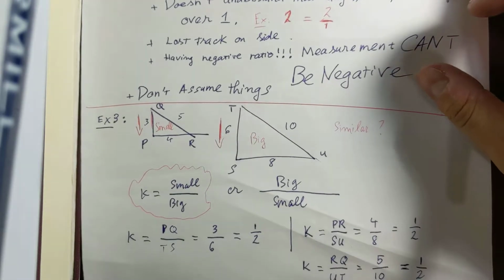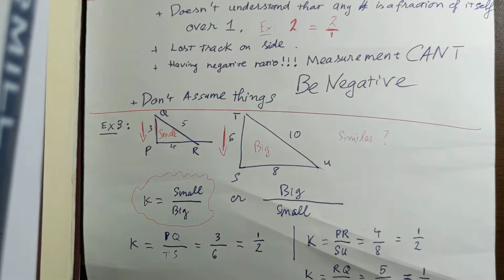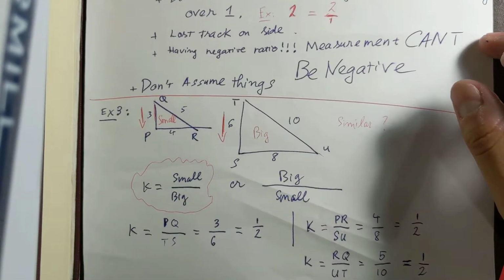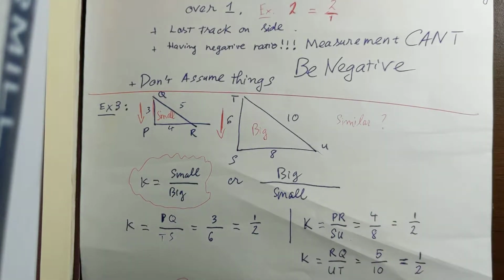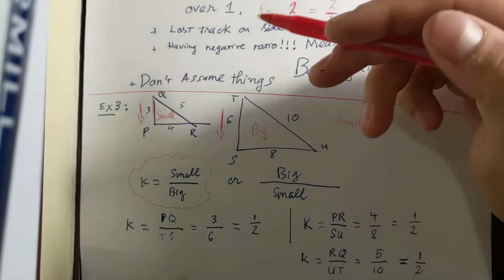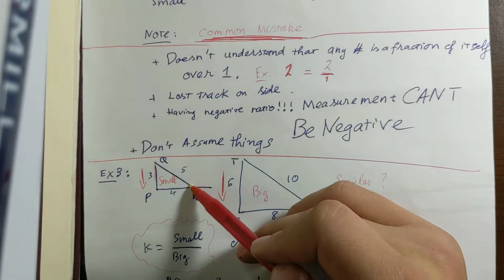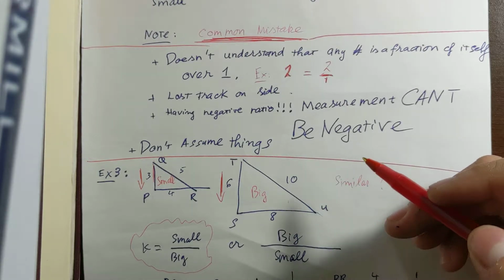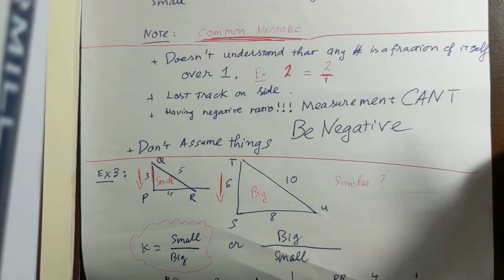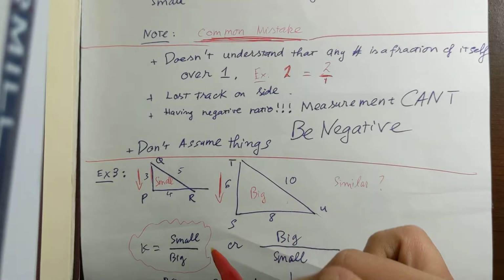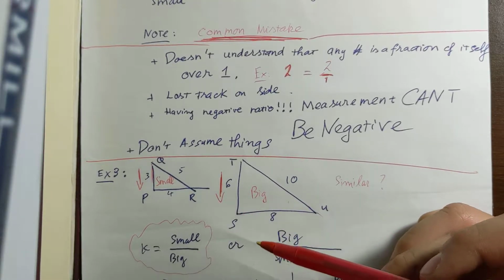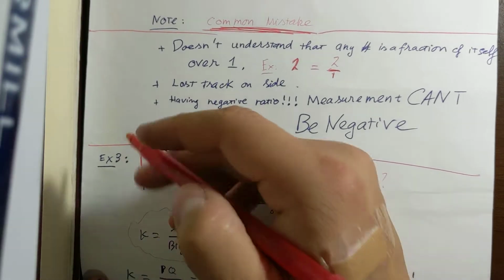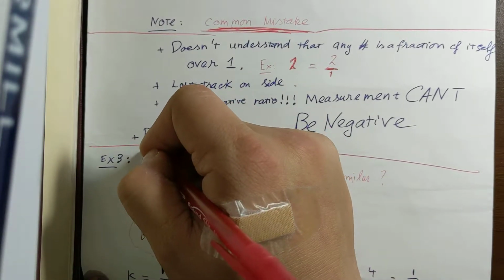So now, since I'm Asian, let's do small over big here. For the first ratio, I'm going to pick the small one over the big one. Obviously, this triangle here will be the small one, and this triangle right here will be the big one. Since we want the ratio to be the small one over the big one, let's name it. Let's suppose that I start here.